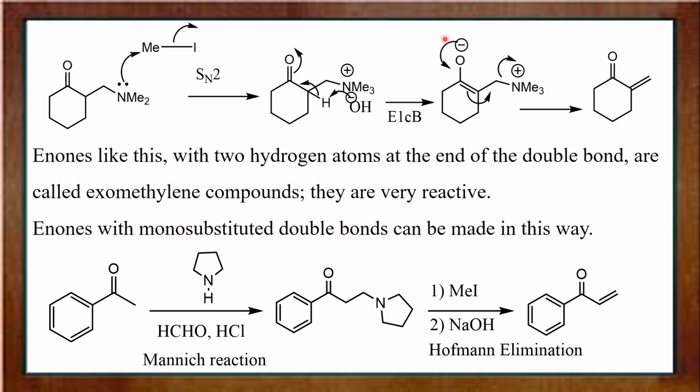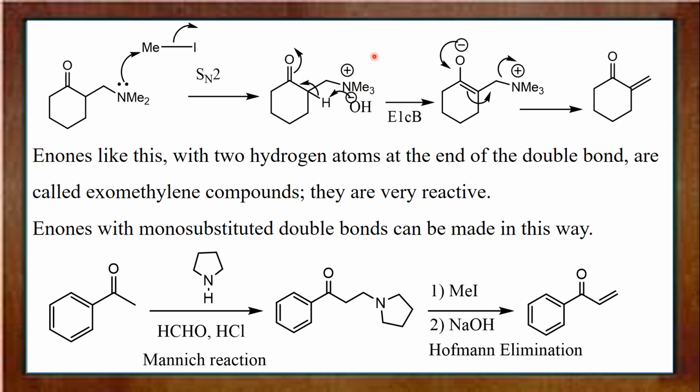So the minus comes back and the pi bond is shifted here, pushing out the good leaving group, the quaternary ammonium ion, resulting in the formation of a new double bond. So the product of the Mannich reaction can be treated with excess methyl iodide.